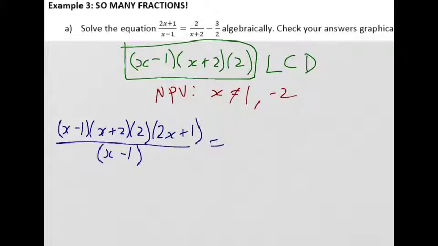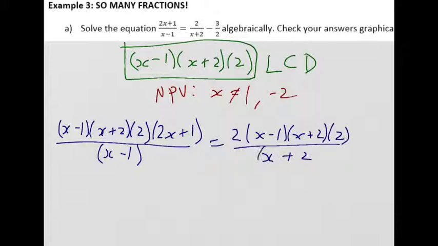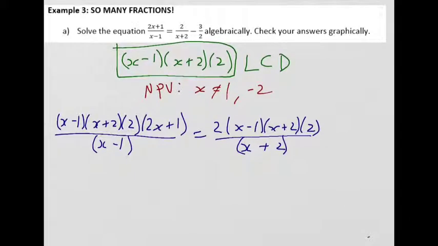Equals 2 times that huge mess, all over x plus 2, and minus 3 times that big mess.